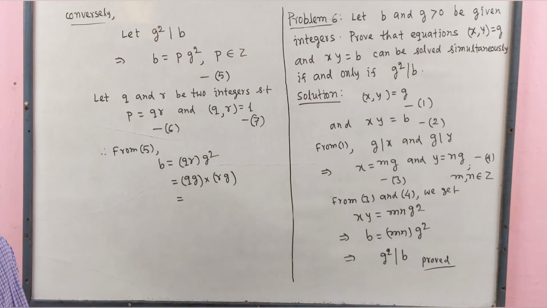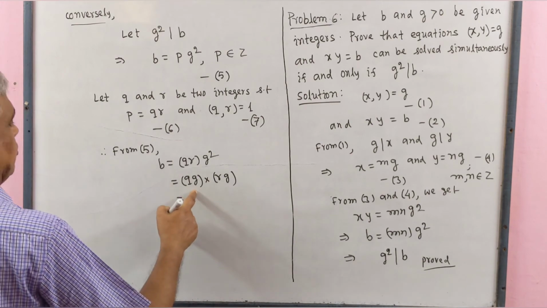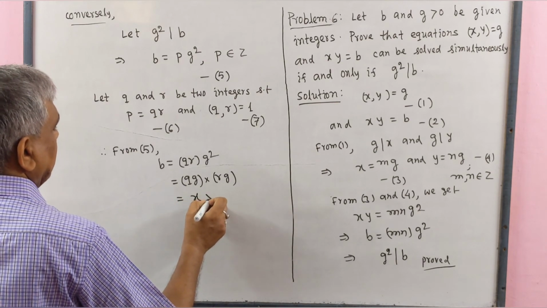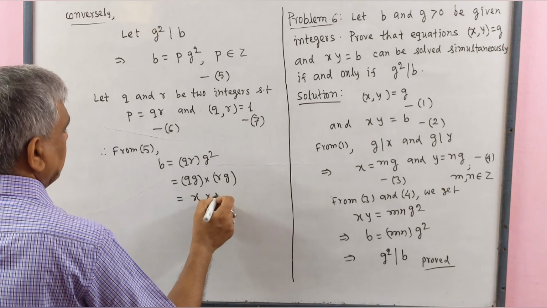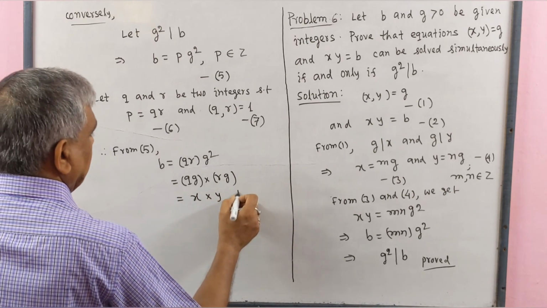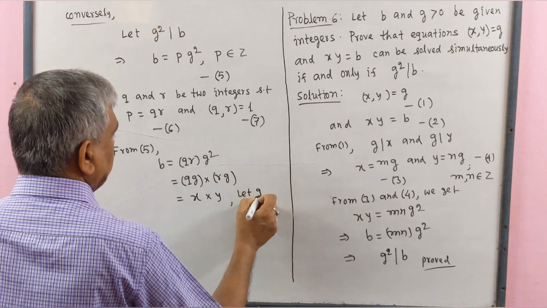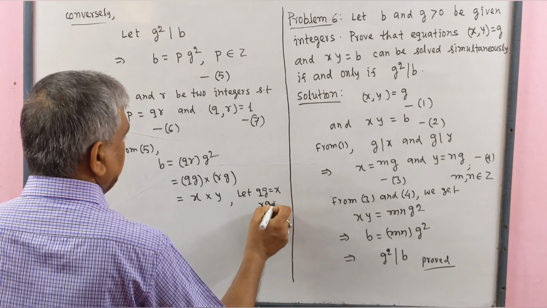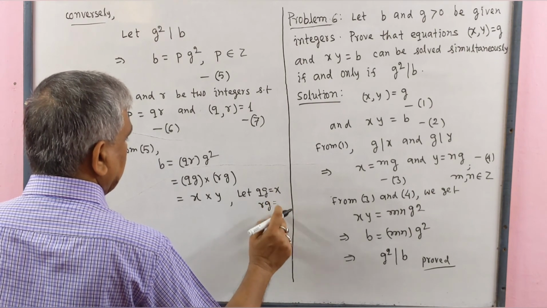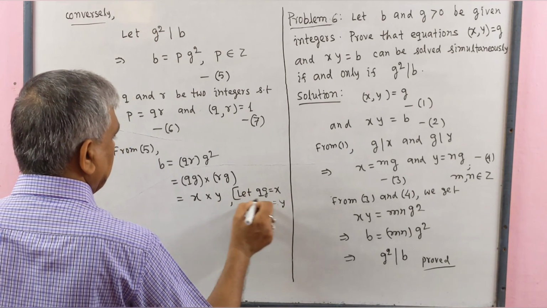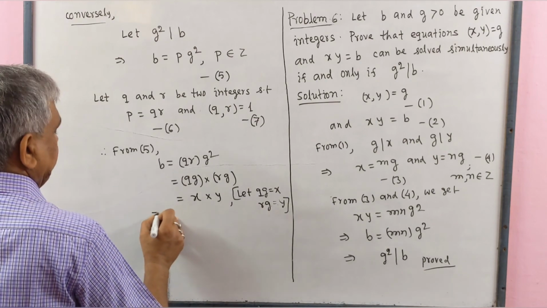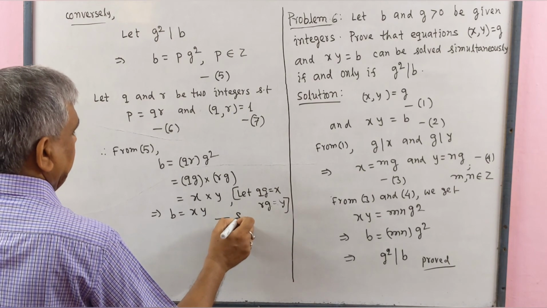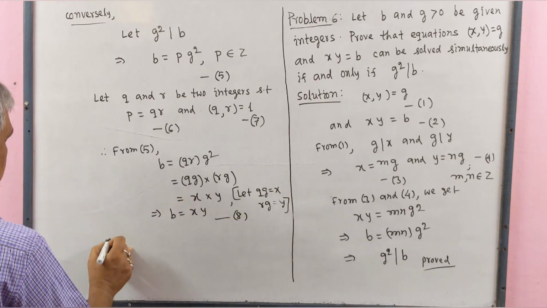Let qg equal to x and rg equal to y. Implies that b equal to xy. This is number 8.